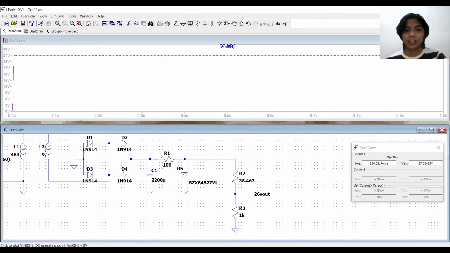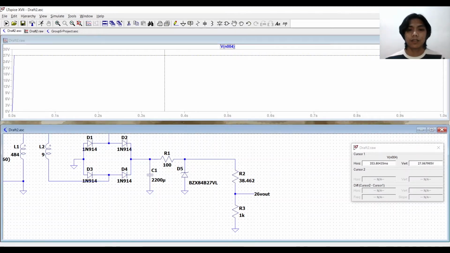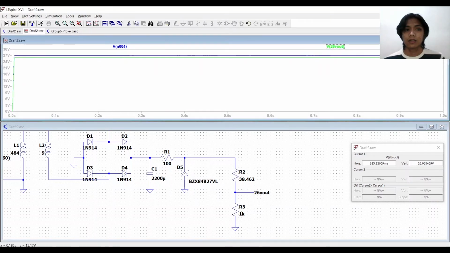So at this junction here, at this corner, the voltage at this specified point is 27 volts. And as I have said earlier, that is not the target output that we want. And so by making that voltage drop using these two series resistors to 26 volts, that's what the group did in order to reduce the excess 1 volt.